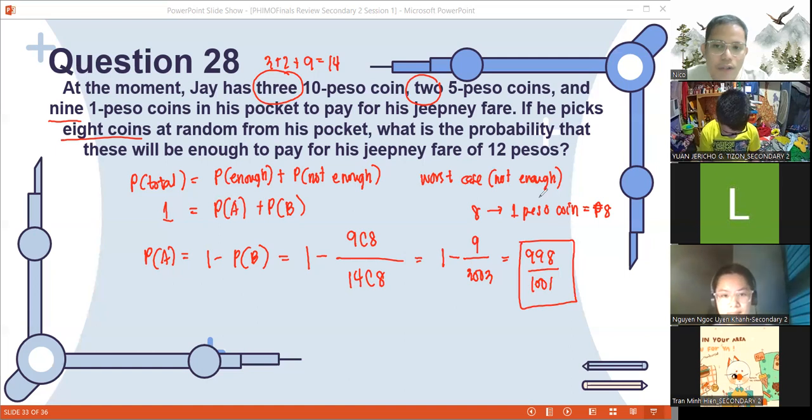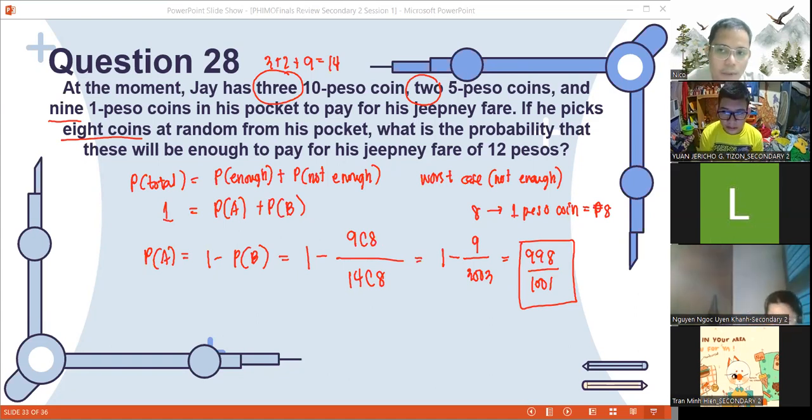Okay, we have 2 more questions and 5 minutes left. Any questions for number 28? None? Okay. Tell me if I'm not able to explain it properly or correctly. I will repeat it for you.